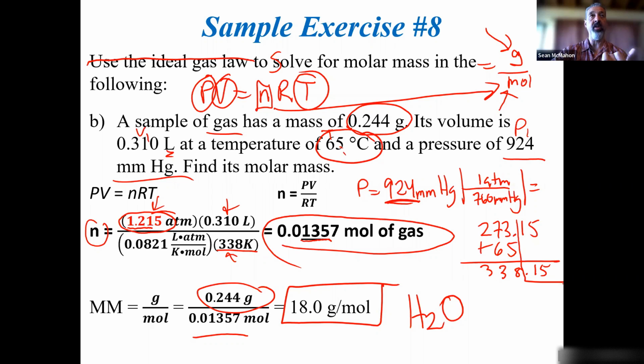Standard temperature, 273 Kelvin. Standard pressure, 1 atmosphere. 1 mole of any gas, 22.4 liters. So from that, we were able to do a lot of molar volume types of calculations. We took Avogadro's molar volume calculations and Avogadro's law, combined it with the combined gas law, and created the ideal gas law. And in the ideal gas law, there's no change in conditions like all the others.